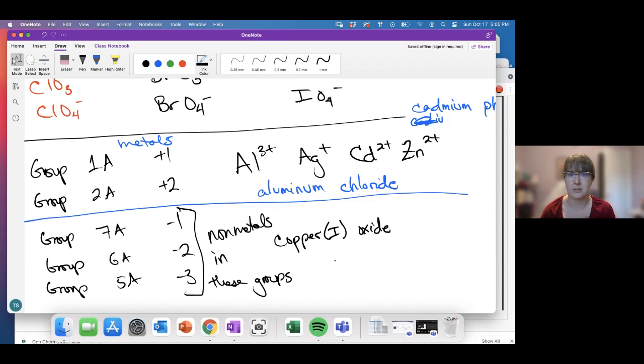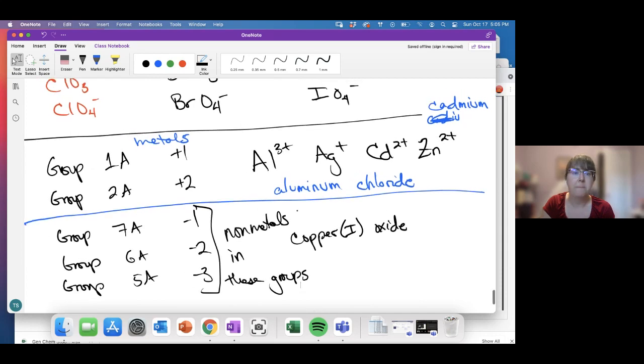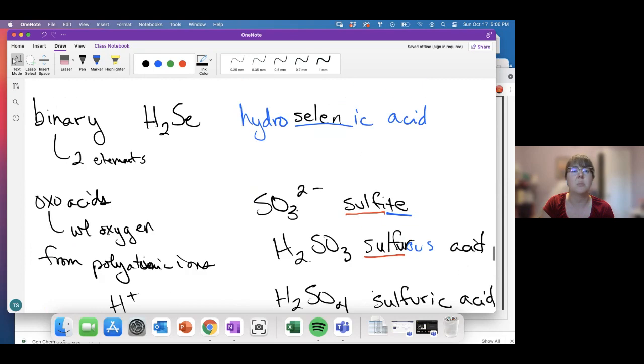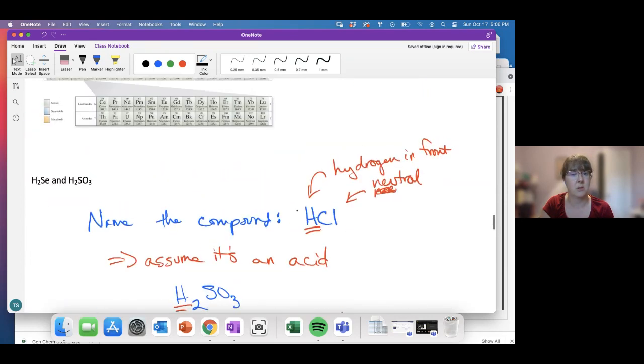Other questions? Yes. Someone asked, ionic means a metal plus a nonmetal, right? So ionic means a metal plus a nonmetal most of the time, but that's why we covered the ammonium chloride example. It's one of the exceptions.